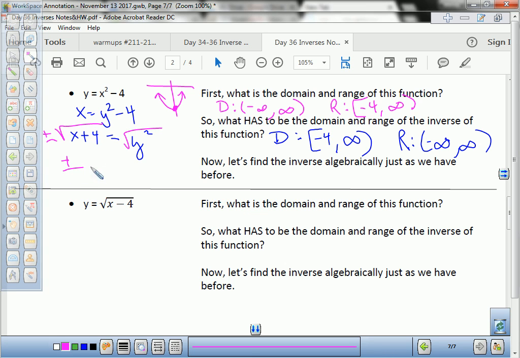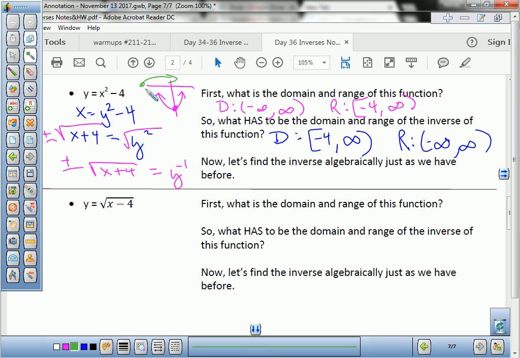So we get positive and negative. Okay, so what this means is my inverse is going to look something like this. It's going to flop over to here, and it's going to go this way. Does that look like it's been reflected over this line? Yeah. This point flops there.